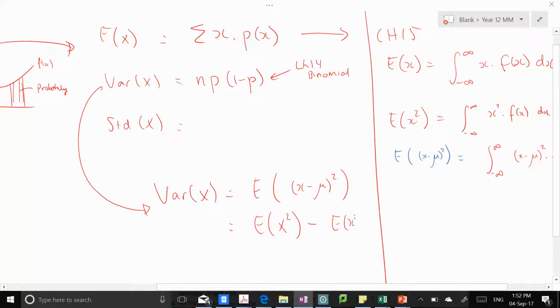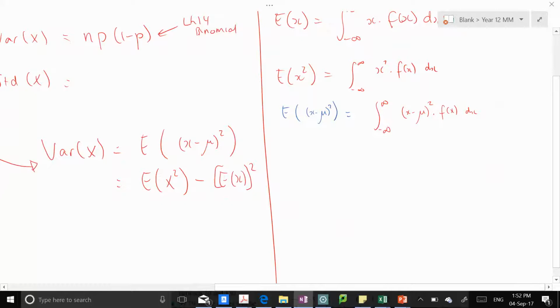Fantastic. This is your computational formula.